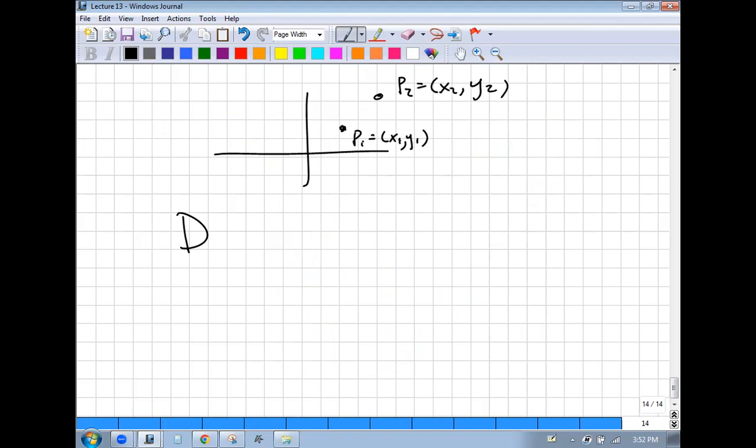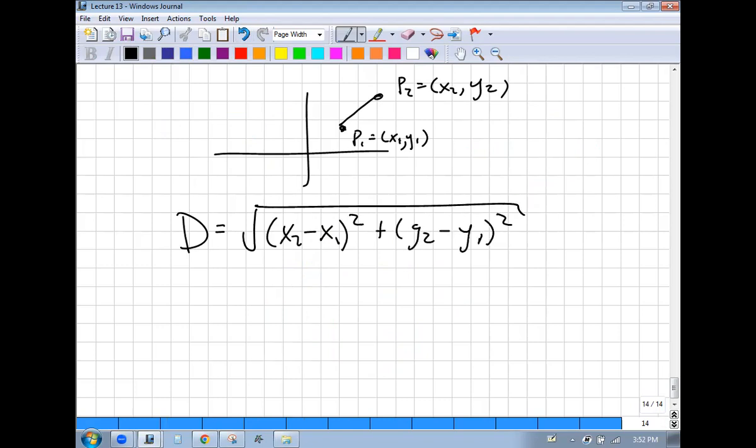The distance between these two points, meaning the length of that line, is the square root of (x2 minus x1) squared plus (y2 minus y1) squared. That's your distance formula. And you're thinking triangles, circles, distances, those are all three totally different things, right? No, they're all the same thing.